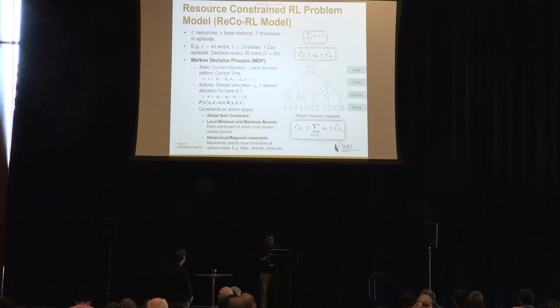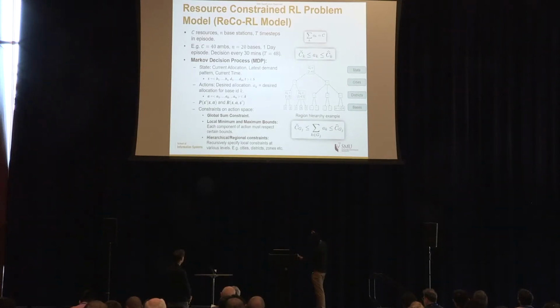Right. So once you have a module which can handle local constraints, suppose that is your state. Suppose that's California, and you have these n base stations. Some of these base stations, suppose, are in Berkeley, and you want to make sure that Berkeley gets a maximum of 15 ambulances and a minimum of 10, say. And suppose that's Oakland, and it has its own constraints.